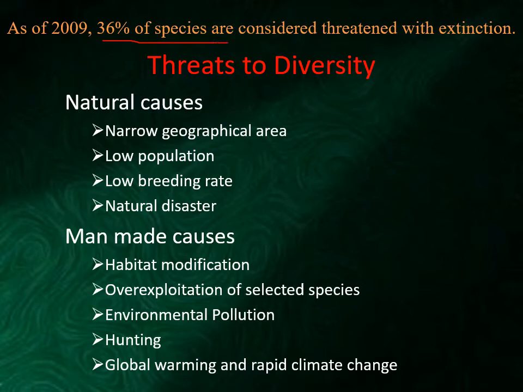36% of species are considered to be threatened or extinct. That means among the entire varieties of life forms found in nature today, about one third or more than one third portion of all the life forms present today, they are either completely extinct, completely removed, completely wiped out from the earth history, or they are in the threatened stage, that means they are soon going to be completely wiped out.